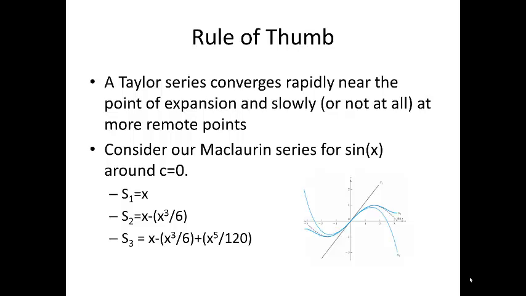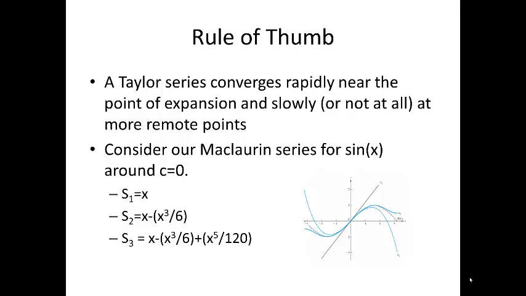So consider the Maclaurin series for sine of x around c equal to 0. S1, the first term, is going to be x. S2 is x minus x cubed divided by 6, and S3 is x minus x cubed divided by 6 plus x to the 5th divided by 120, which is 5 factorial.